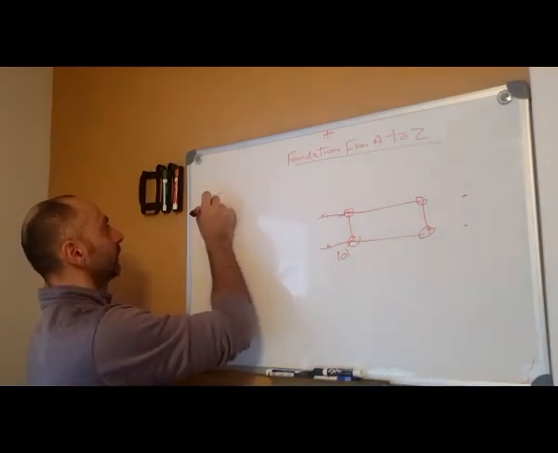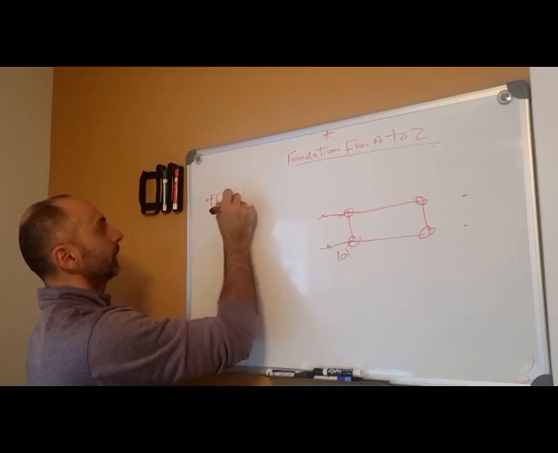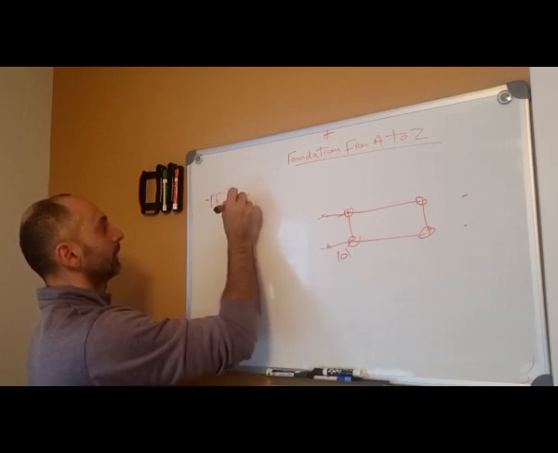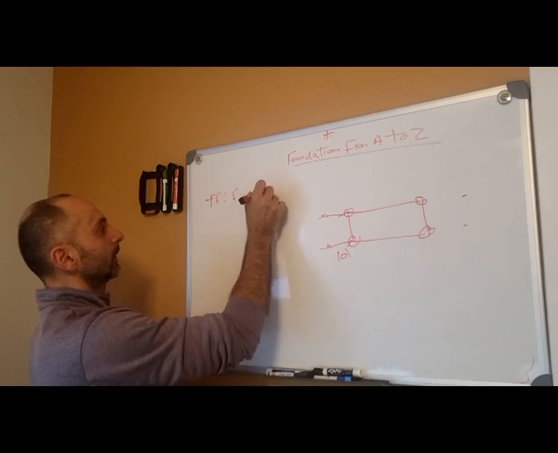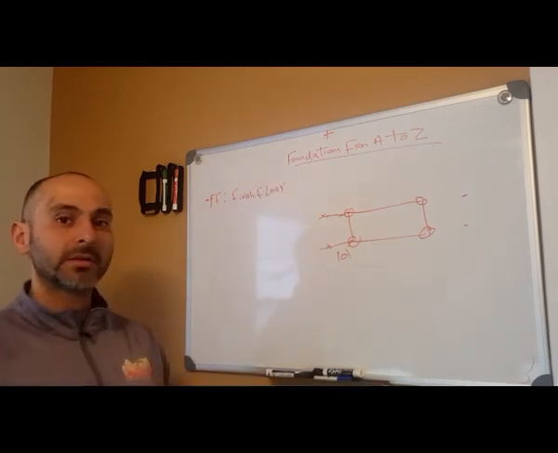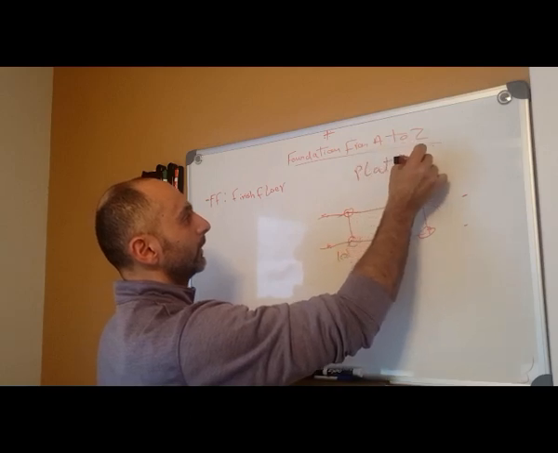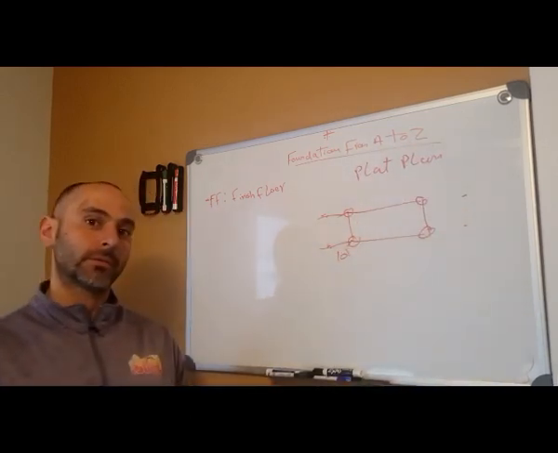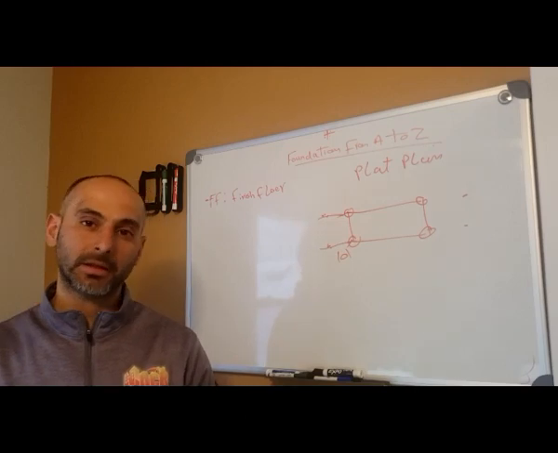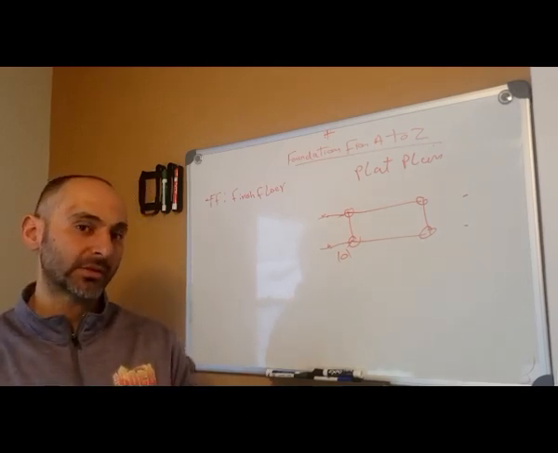First one, finished floor, FF. You usually find this information in a plot plan. Or if you don't have it, ask your architect. He'll be able to lead you and tell you what the numbers are.